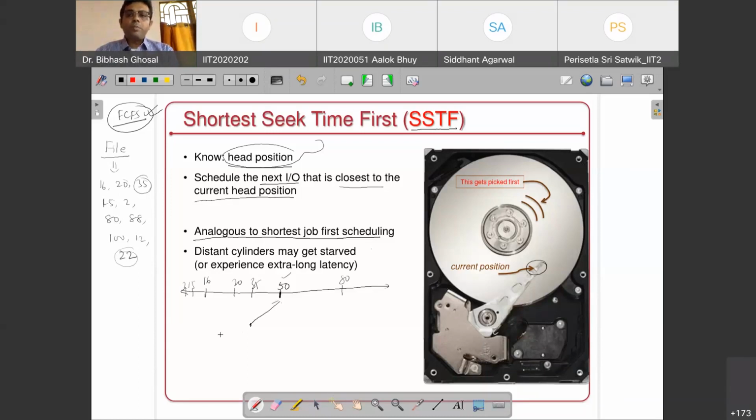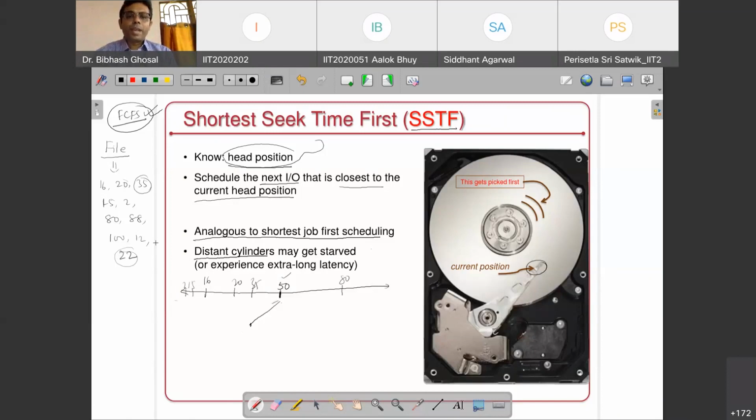So what you're trying to do is minimize the seek time by looking at the tracks which are closer. But there's a problem with this algorithm. The problem is that the distant cylinders may get stuck. Once you have moved to heads lower than 50, you are always moving around the lower side.